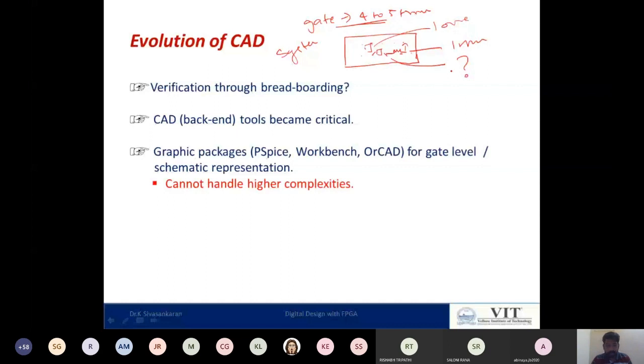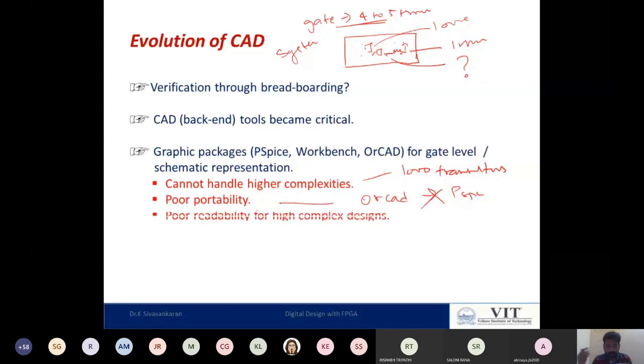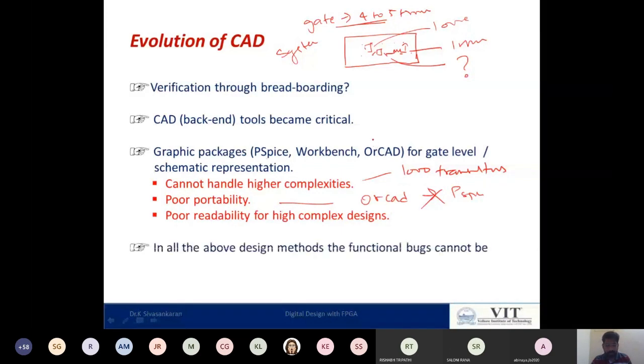And portability: again, I'm using OrCAD and then I want to switch over to some other Spice tool, so there is poor portability when taking a design from one tool to another. And the readability of a complex design is very difficult.